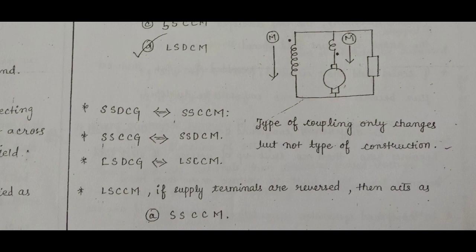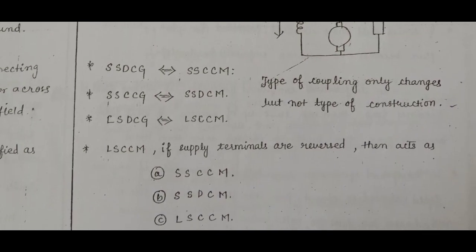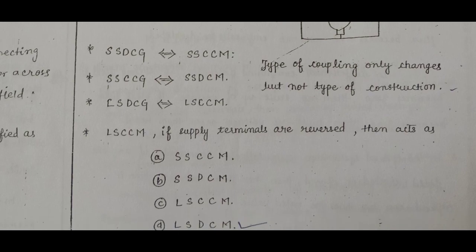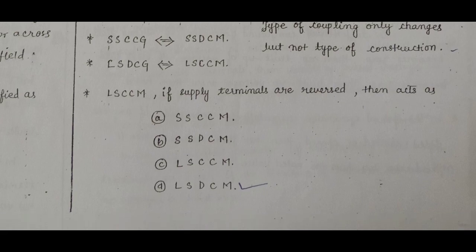If just the generator is acting as a motor, a short shunt cumulative compound generator acts as a short shunt differential compound motor. A long shunt differential compound generator acts as a long shunt cumulative compound motor.